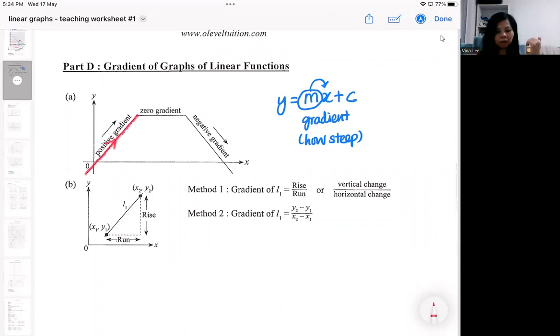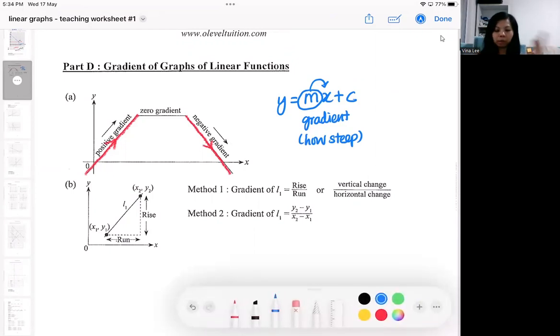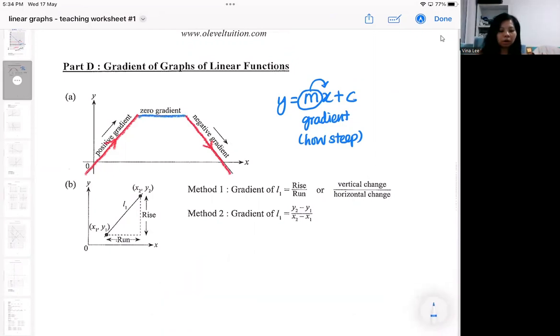If the gradient is negative, it's downward sloping. And if it's a zero gradient, do you still recall what kind of line has a zero gradient? I mentioned previously, a horizontal line is so flat that it has a zero gradient.